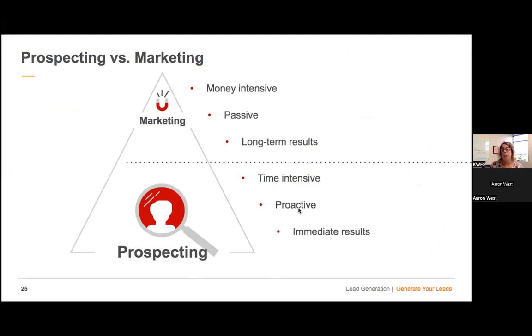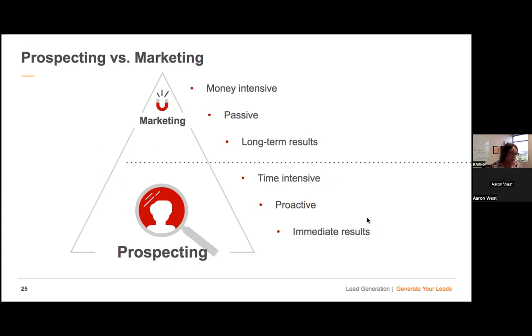You're actually doing something and you're going to get more of an immediate result. When you're marketing, you're spending money on items. It's more passive. It's not necessarily taking your time. It's something your money is allowing you to do, and they're long-term results.